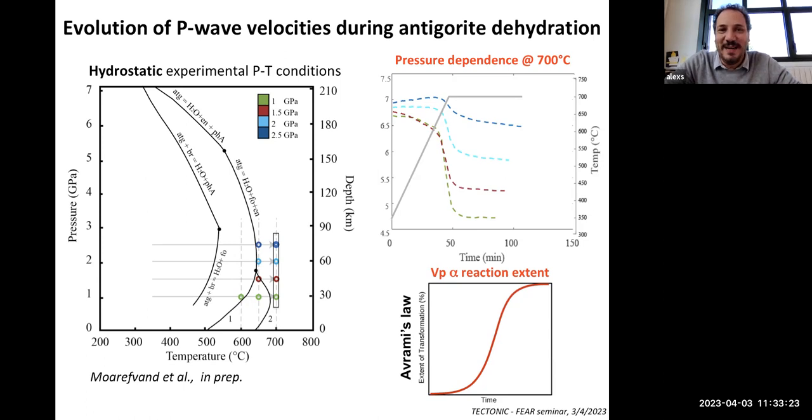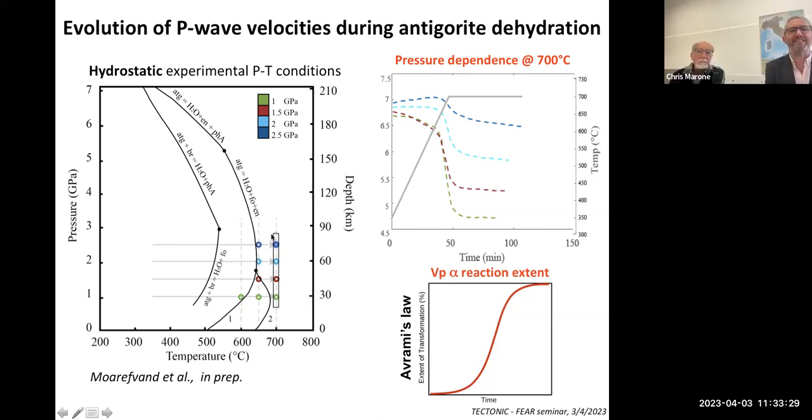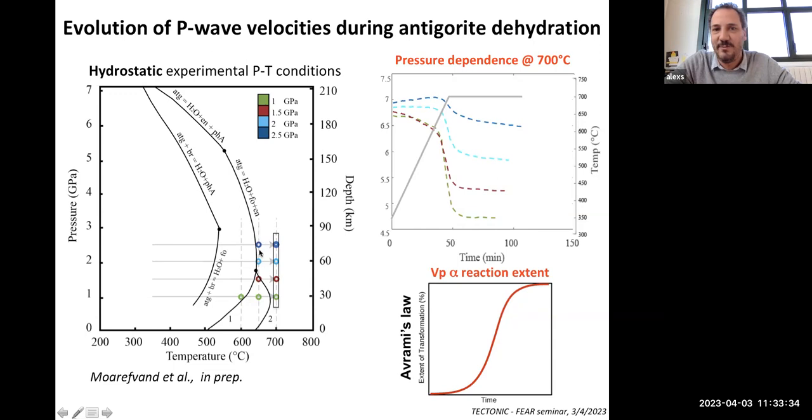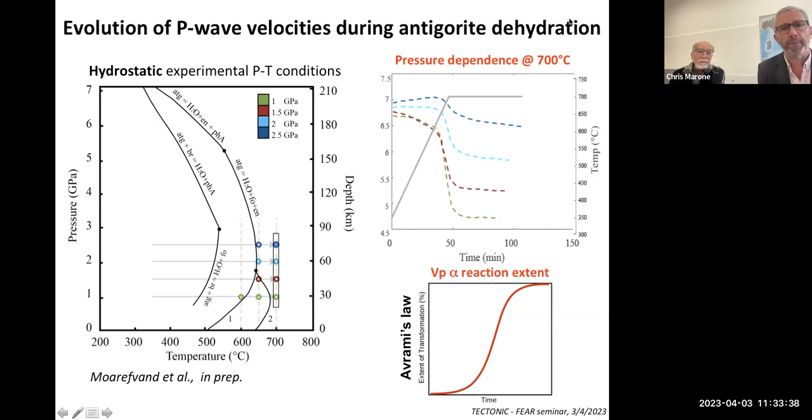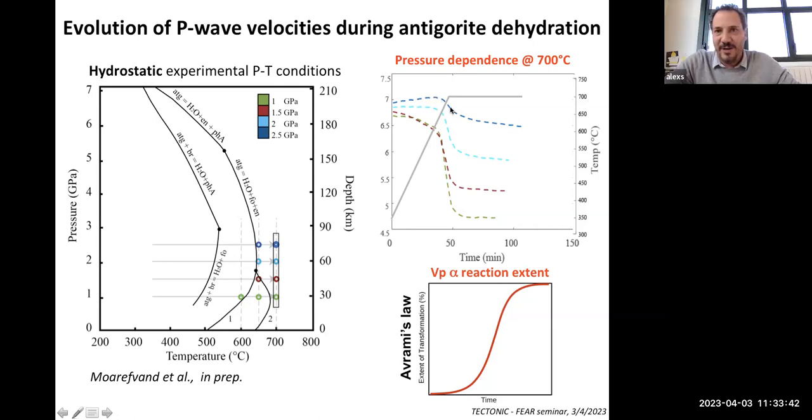No, so this is a good point. As you can see, we could not go higher than 2.5. We tried to go to 3 GPa, but we broke several base plates, so we couldn't really go into the negative delta V domain. We could go to delta V equals 0. And in fact, what you see here is that at high pressure, the P wave velocity drop is much smaller than at low pressure.